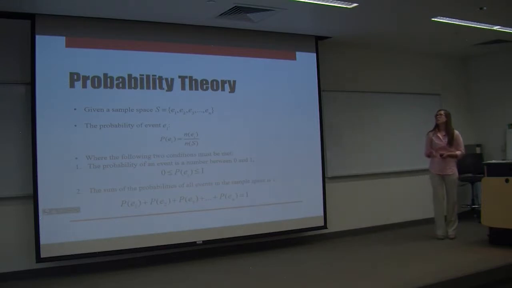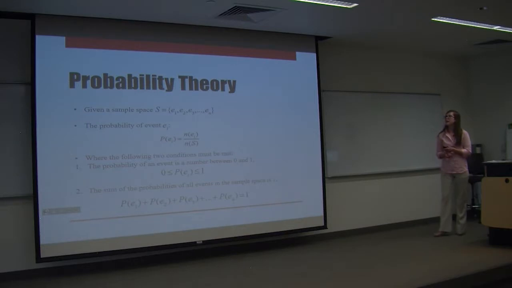So given a sample space S, where S contains different possible events, if we wanted to calculate the probability of one of those events, we would go about it by finding the number of ways in which that event can occur within the sample space and then dividing it by the total number of events within that sample space, where the two following conditions must be met. One, the probability of an event must be a number between 0 and 1, and the sum of all of the probabilities of all the events within the sample space must equal 1.